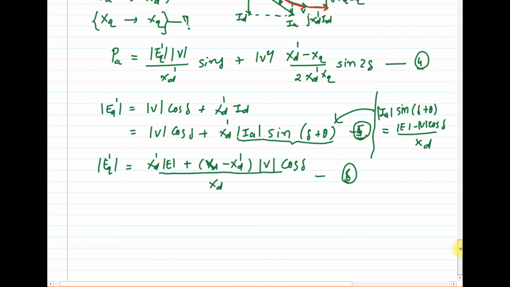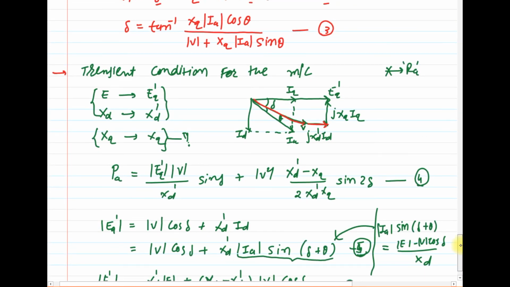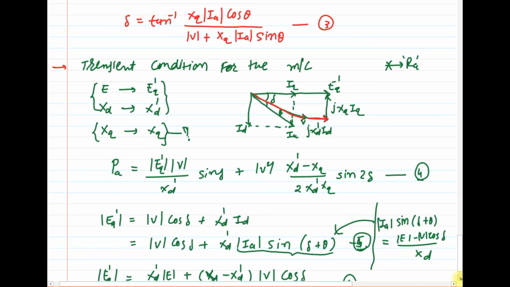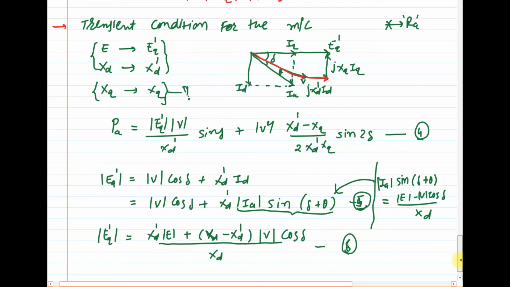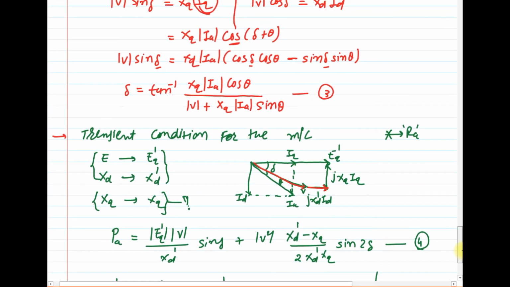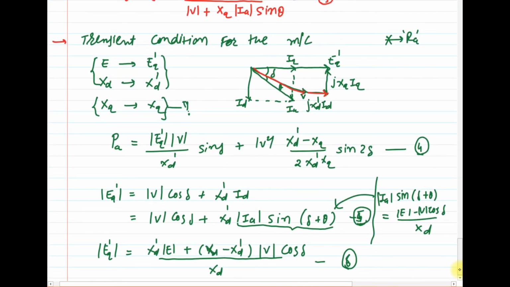So from the equation number 6 and the equation number 4, you can calculate the transient power, or you can examine the condition of salient pole machine under the transient condition. Clear? Or behavior of the synchronous machine under the transient condition.